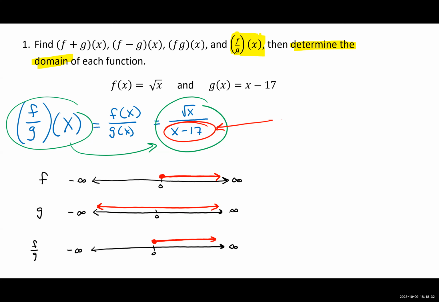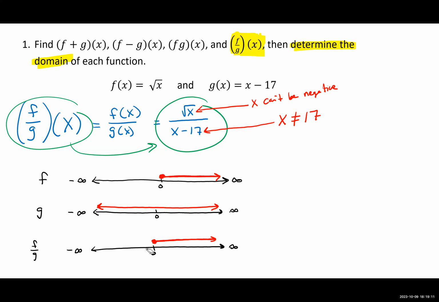That's telling us x cannot equal 17, because if you replace the letter x with the number 17, you get 17 minus 17, which is 0. You can't have a 0 on the bottom of a fraction. So the top is saying x can't be negative, and the bottom is saying x cannot equal 17.